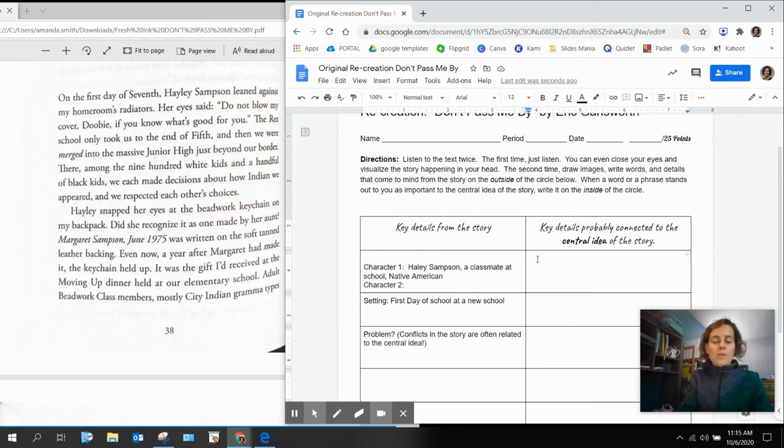So I'm going to put that over here. That's like talking about the student's racial identity. Okay, we'll actually get into that when we talk about the theme. Capitalize Native. Okay.